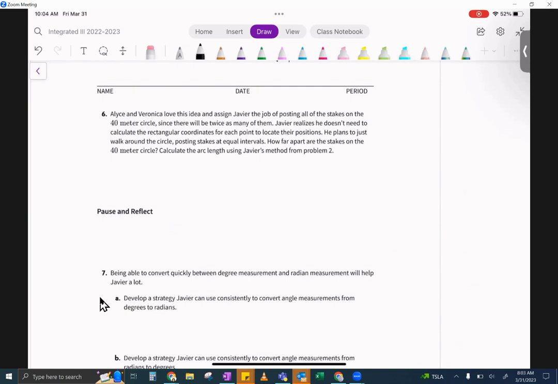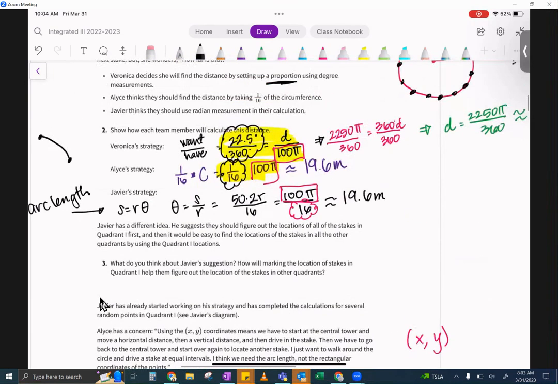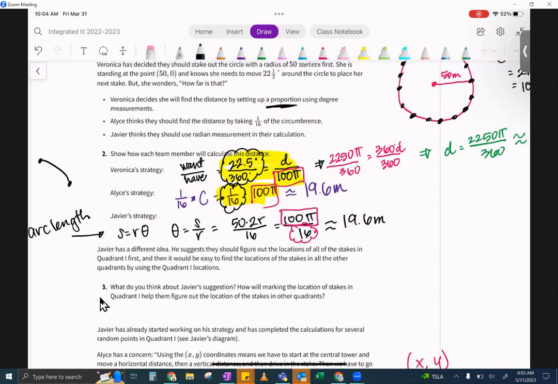Okay, so now that you're back with me, remember that you can always use whatever formula you want. Here are 3 different formulas that Javier, Alice, and Veronica used. Javier is probably going to use his same formula, which is very similar to this, right?